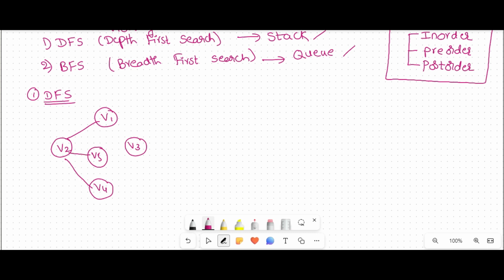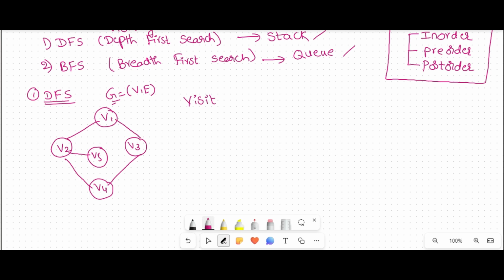You can give any number, that may be a city name also, no problem. For example, this is one graph G, G equal to (V, E). Now I want to visit. Generally, if you want to travel from one city to another city, there are a number of possible ways.